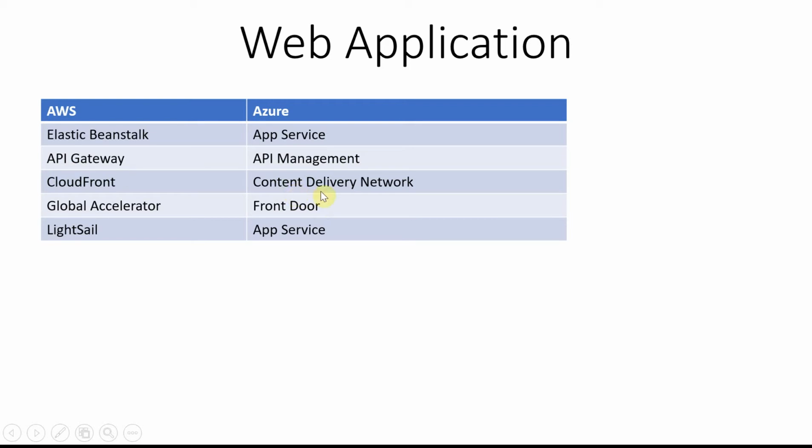And Content Delivery Network is more about storing the images and HTML static files. Those are the dynamic side, but if you want to store static images, a static website, or videos which don't change, then you can put all those assets under a content delivery network. The equivalent is CloudFront on the AWS side.